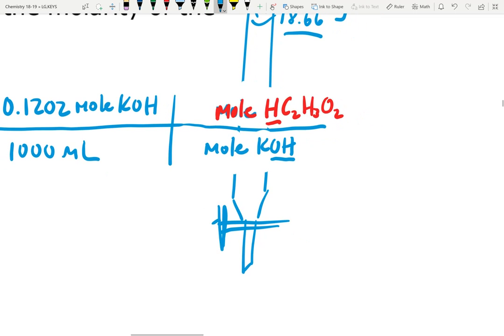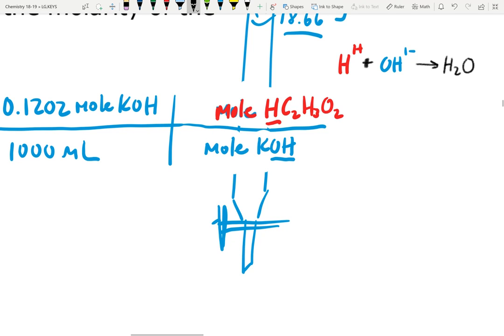The reason those are the parts that we look at, remember, is because H and OH come together to make water. So if I take the H, a hydrogen ion, and add to that an OH ion, we're going to get a water molecule, right? So that's why we consider just those important parts. That's going to give us our water as we neutralize this.